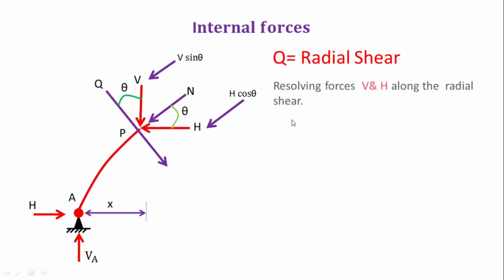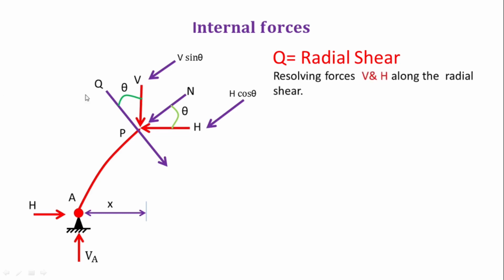For that, resolve the forces V and H along the radial shear Q. The resolution of these forces is like this. Here this is the adjacent angle, that is why it is V cos theta, and here this is the opposite angle, that is why it is H sin theta.